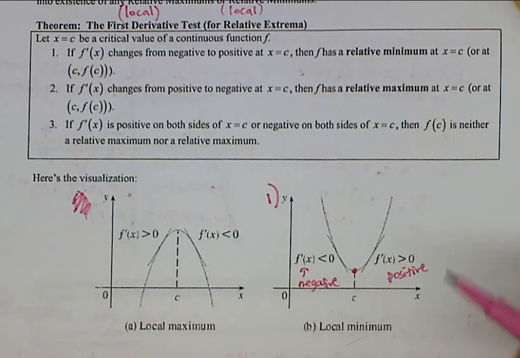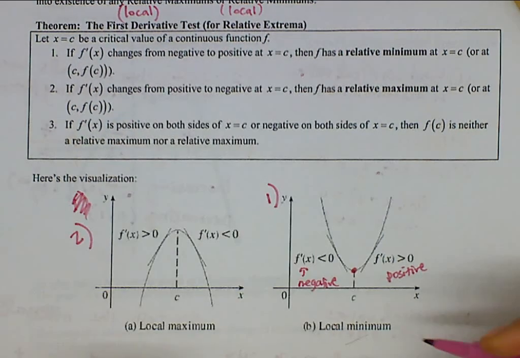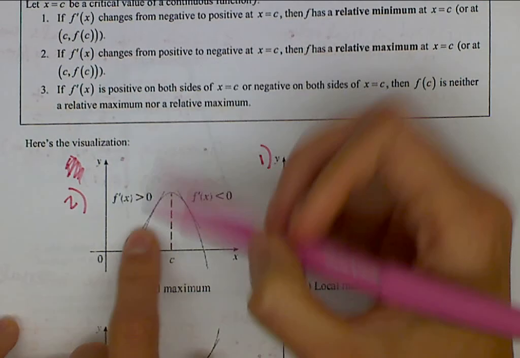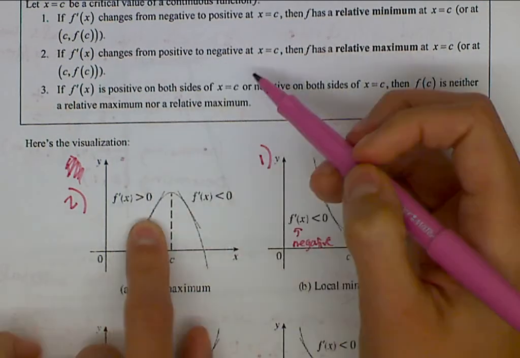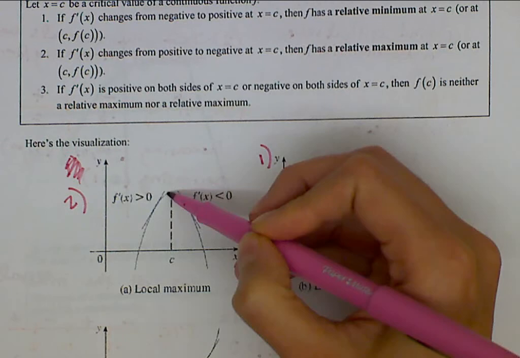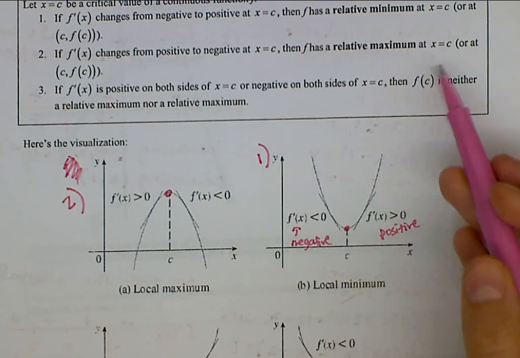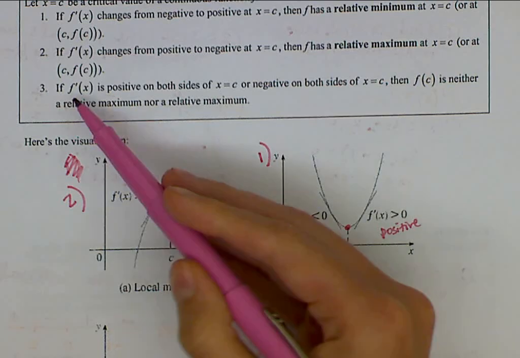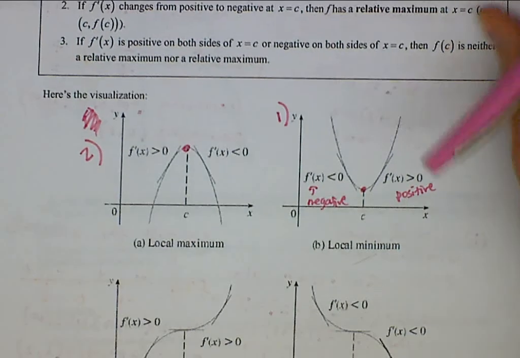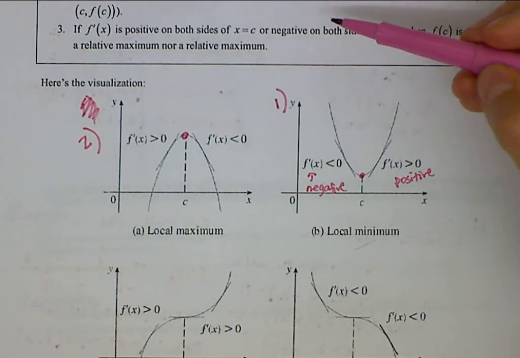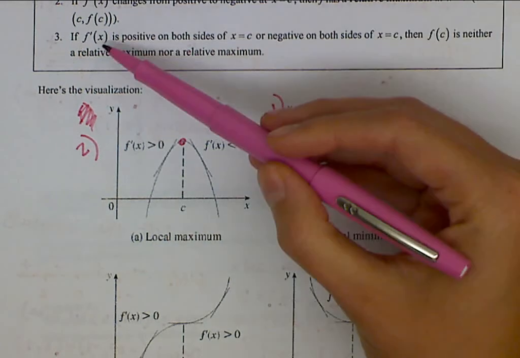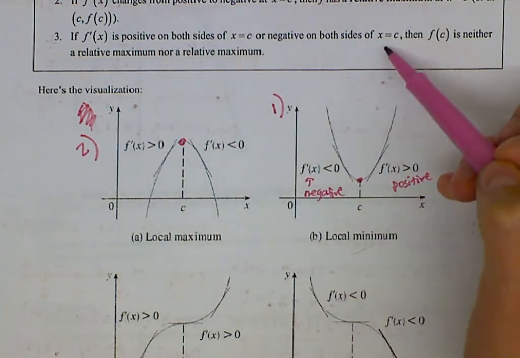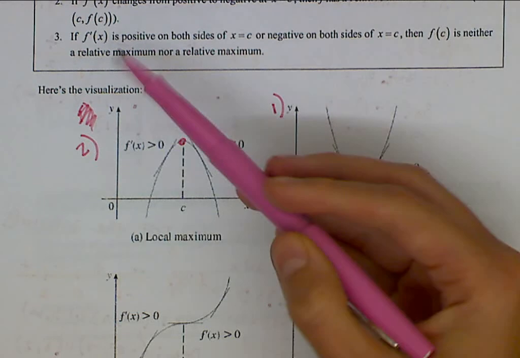And then number 2 is this one. My bad. So 2 says f prime changes from positive to negative, then there's a relative maximum at c. And then 3, it's a little confusing to just read, so the pictures are super helpful. 3 says if f prime is positive on both sides of c, or negative on both sides of c, then f of c is neither a relative maximum nor a relative minimum.